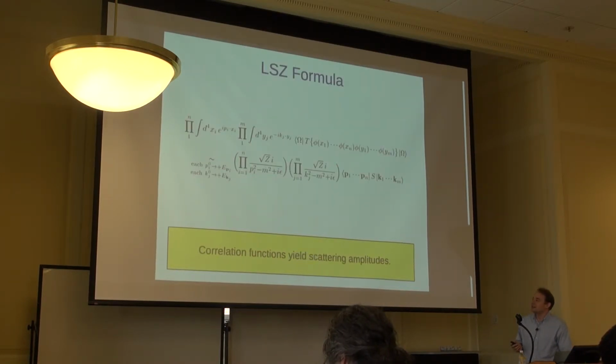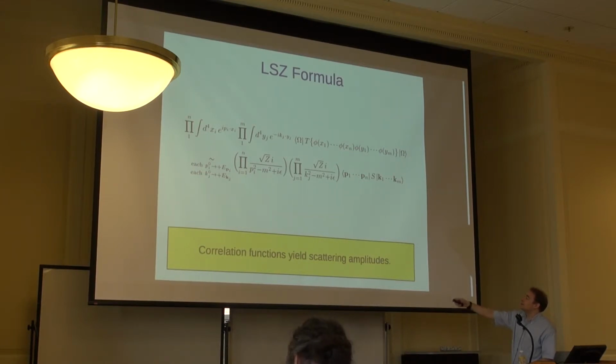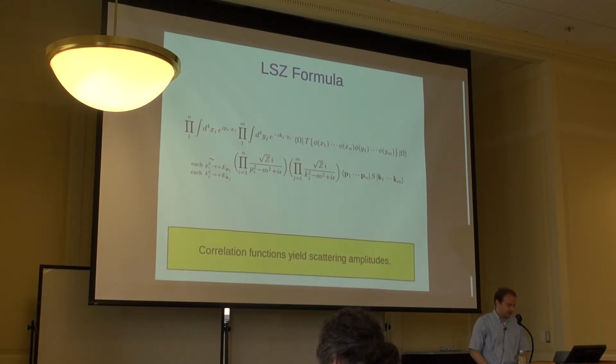Similarly, once you have correlation functions, you can get scattering amplitudes essentially by taking a Fourier transform. Here's some correlation function right here. We're Fourier transforming it, and with some extra factors out front, this is equal to a corresponding scattering amplitude. This is called the LSZ formula.